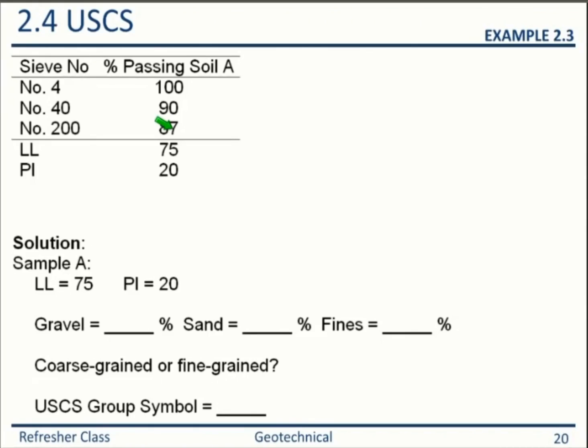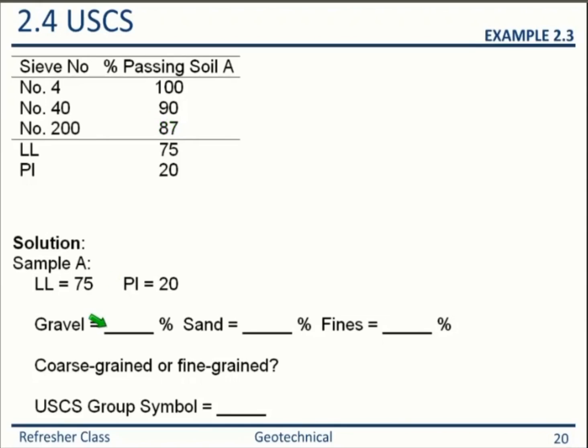Okay. If you know this much, then let's go and see. This liquid limit is 75 given. PI is 20. And let's calculate the percentage of gravel and percentage of sand in this soil sample A. Although the major behavior of soil sample A is controlled by the fine grained soil, even then let's find the percentage of gravel and percentage of sand.